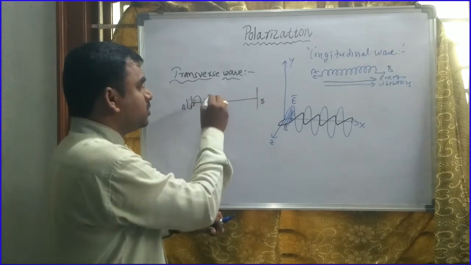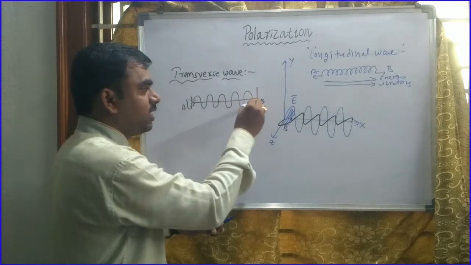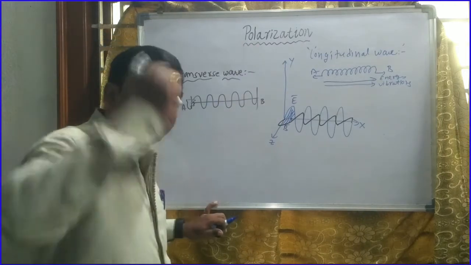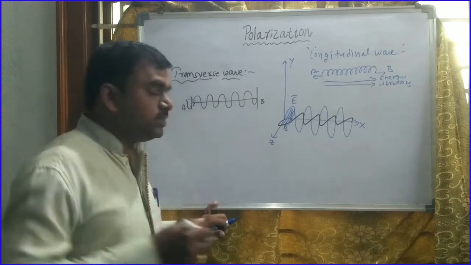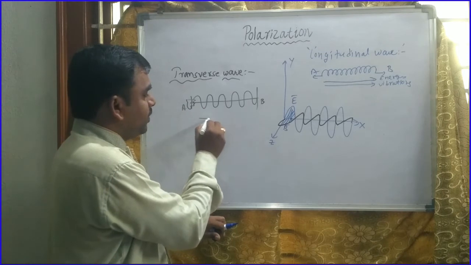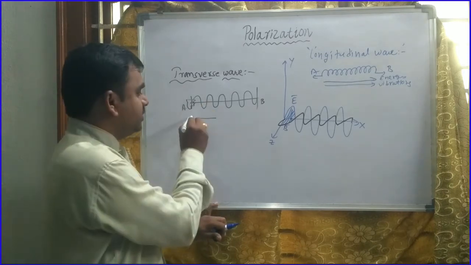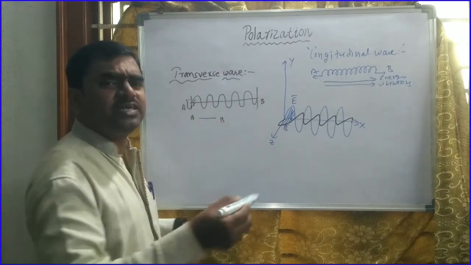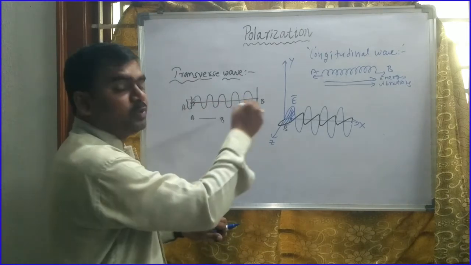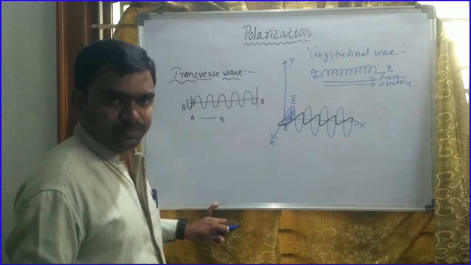So what can we observe? Can we observe the loops like this or not? Yes. That means whenever you apply a little bit of force on the rope, the energy is transferred from A to B. That means the disturbance is moving from this point to this point. That's why we are getting the loops.